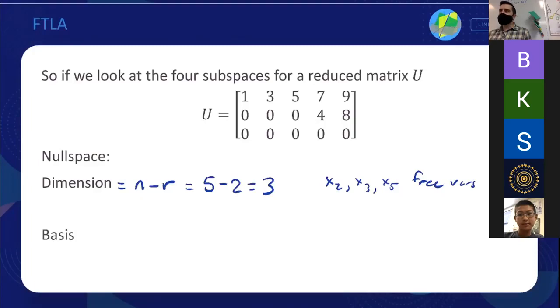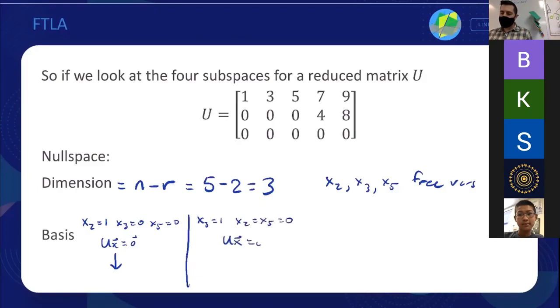And so we get a basis by doing what we did to find the special solution. It's the same thing we've already done. We just didn't call it a basis. So x2 is 1, x3 is 0, x5 is 0. Solve Ux equals 0. Get a vector. Set x3 equal to 1 and x2 and x5 both equal to 0. Solve Ux equals 0, get a vector.